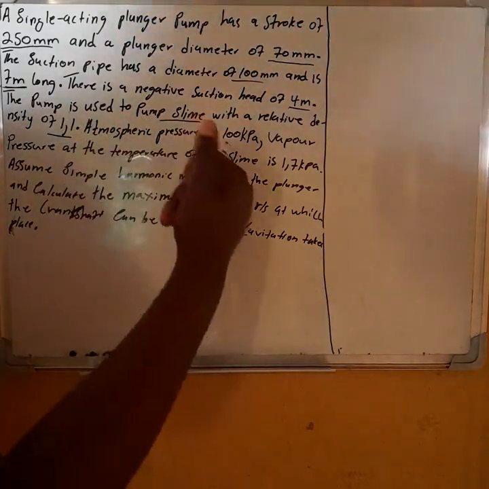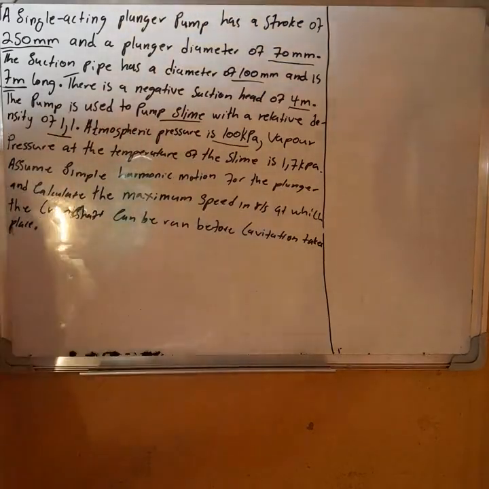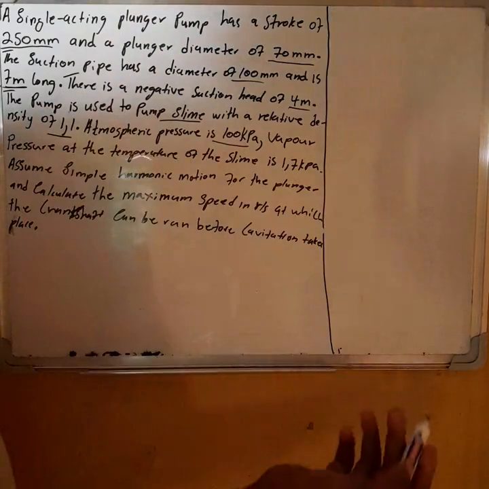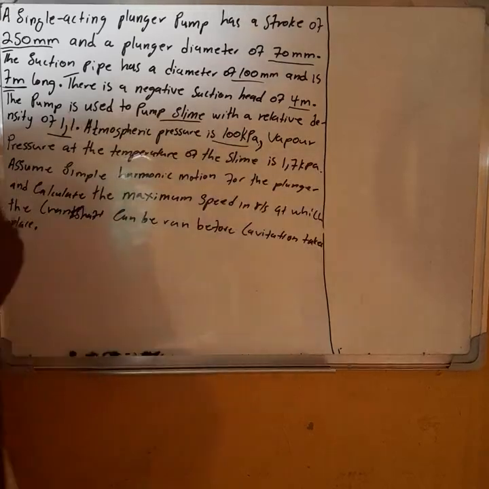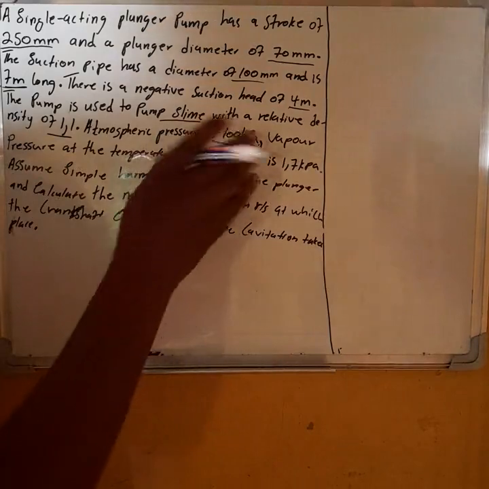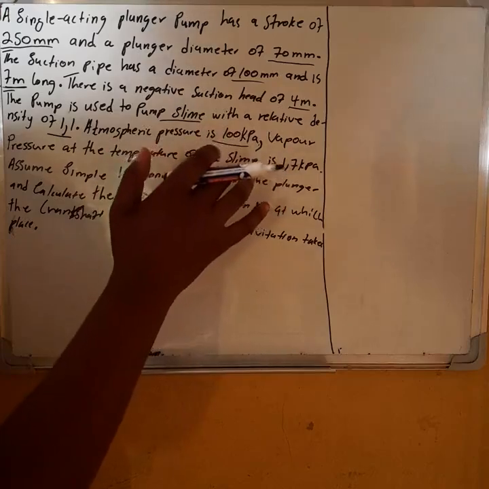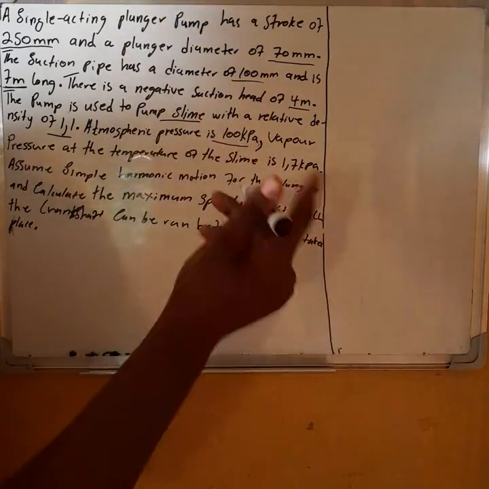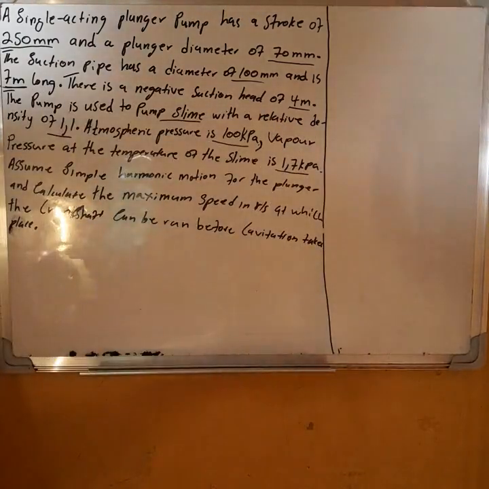The atmospheric pressure they are giving us is 100 kilopascal. And then they said the vapor pressure at the temperature of the lime is 7.5 pascal.